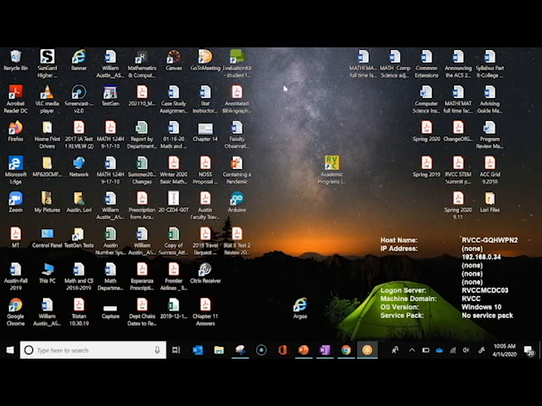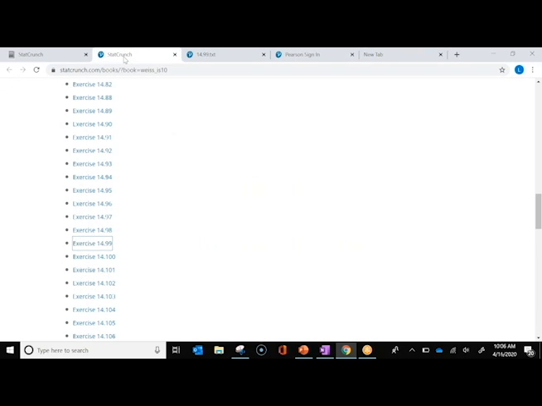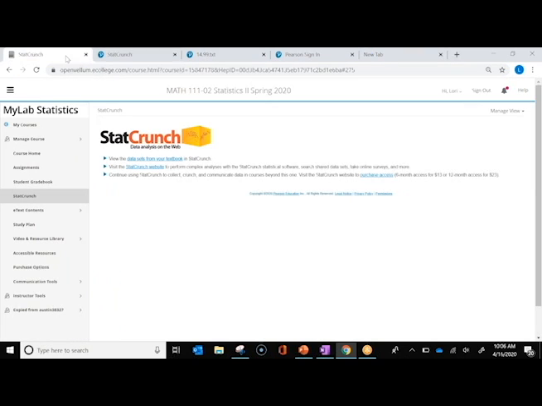I'm just going to show you generally how to use StatCrunch, because you'll be able to open data into StatCrunch and do different things with it. I took a data set from books, the data set from the textbook.